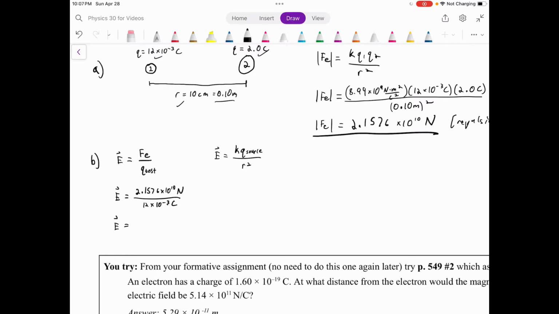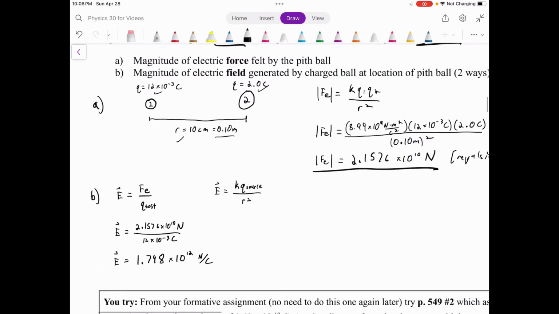So putting that into my calculator, I got 1.798 times 10 to the 12th power, and what would my units be? Newtons per coulomb, right? Again, just saying, if a 12 millicoulomb charge felt that much force, well, it must be feeling this many newtons for every coulomb of charge it has, right?